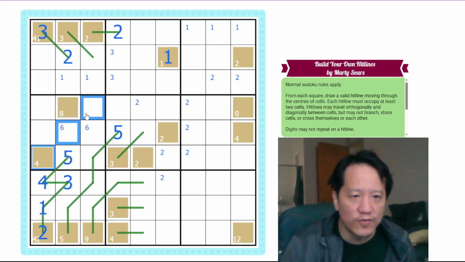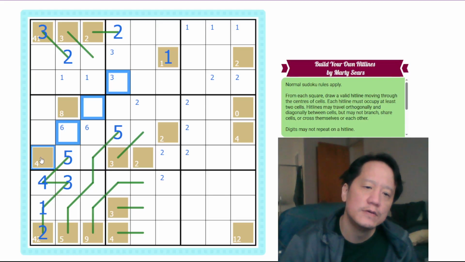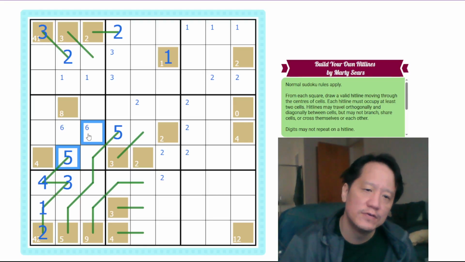I guess, so 4 could go that way. The problem is if it goes this way. So this has to go to one of these two. So if it goes this way, I guess it could do something like that, but then that would cut this off. So it could go this way.